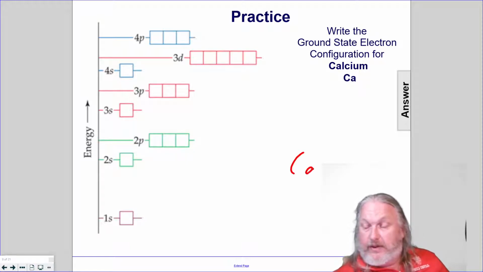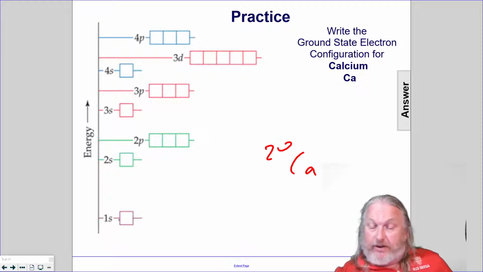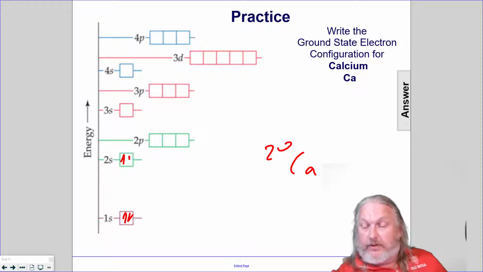Calcium, element number 20. Let's do the diagram. 1, 2, 3, 4, of course, that's the number of electrons. 5, 6, 7, 8, 9, 10, 11, 12, 13, 14, 15, 16, 17, 18, 19, and 20.